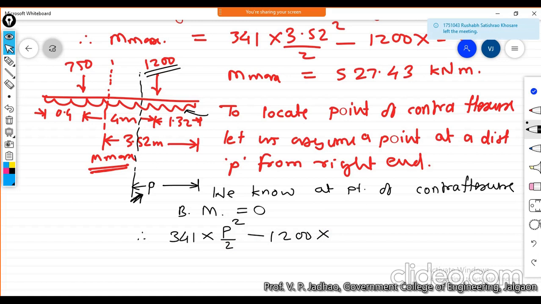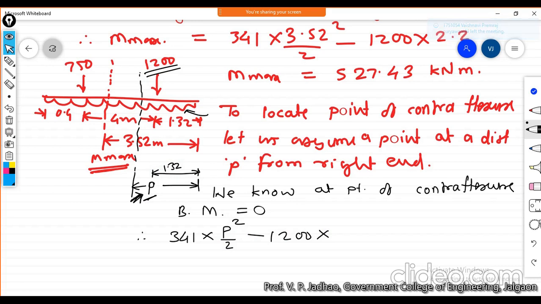Now we know that this particular distance is p, but this distance is 1.32.